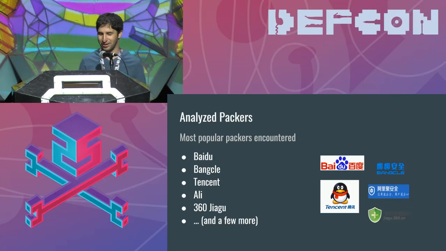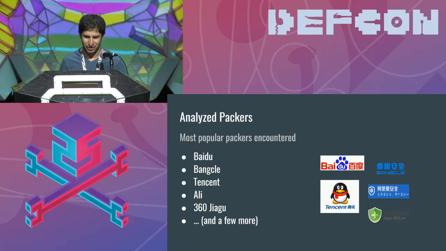It was very surprising to see that they offer this kind of service. So in this talk, I'm going to talk about Baidu and Bangcle. What's interesting about them is that they work in different methods, but covering both of them allowed us to find a solution that works on almost all of the packers we encountered.